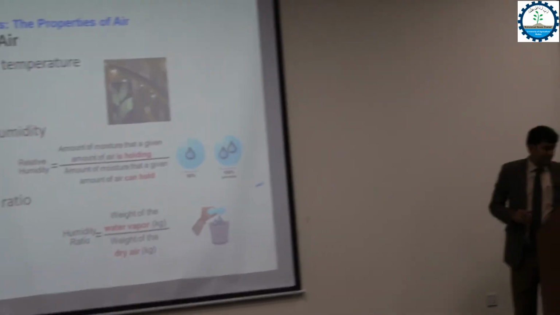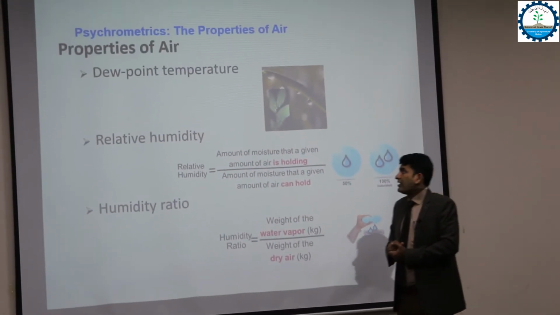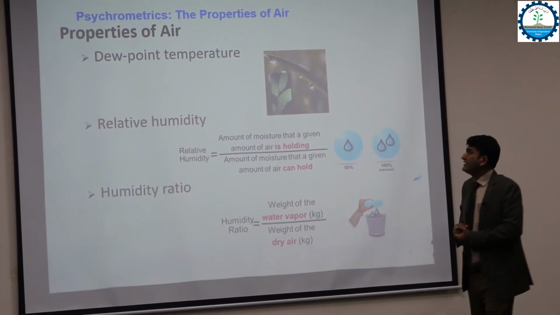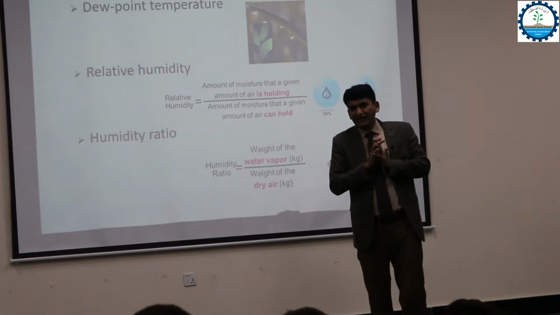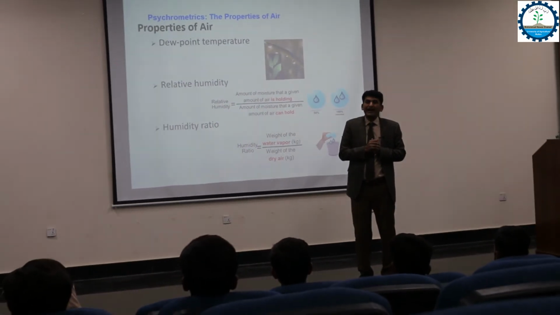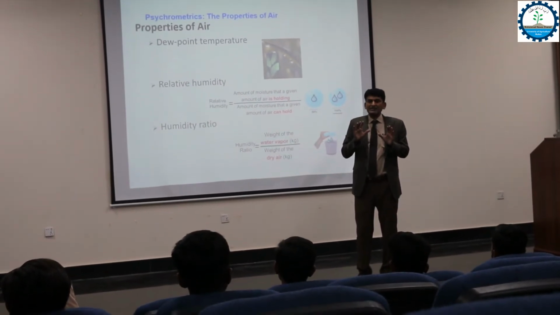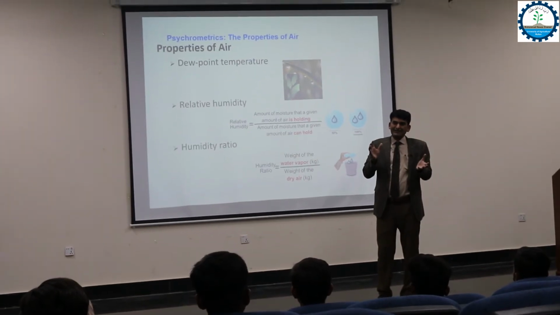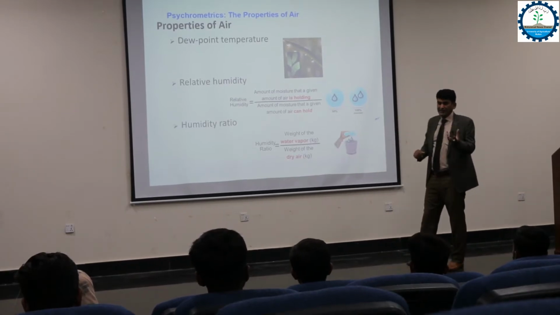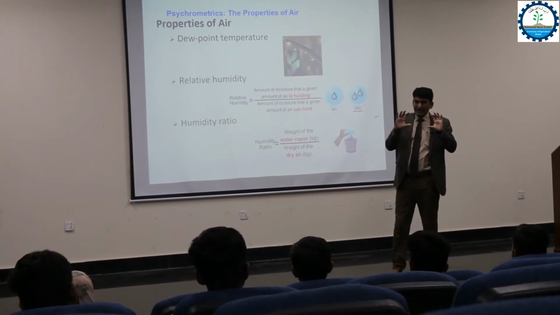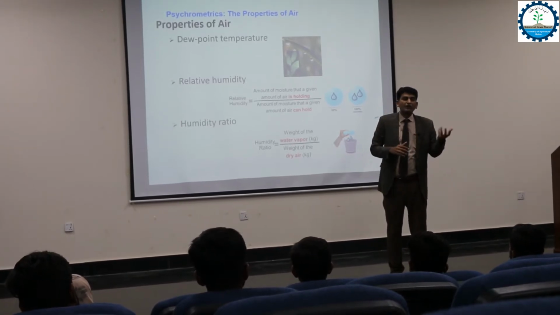So next we have to discuss the other parameters. The first one, the dew point temperature. The title itself, you can say, gives you the picture behind it. Why dew point temperature? Because this is the level at which the moisture in the air will condense. So also in the picture, in the morning the temperature is lower, and the moisture from the air condenses on the leaves of the plants.